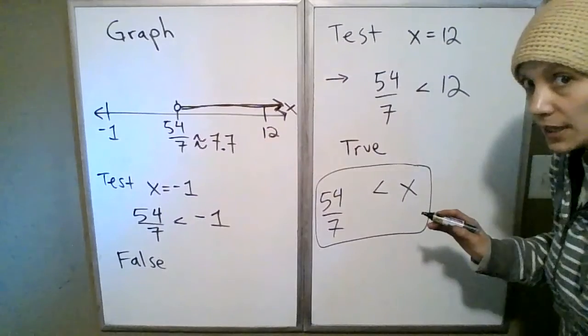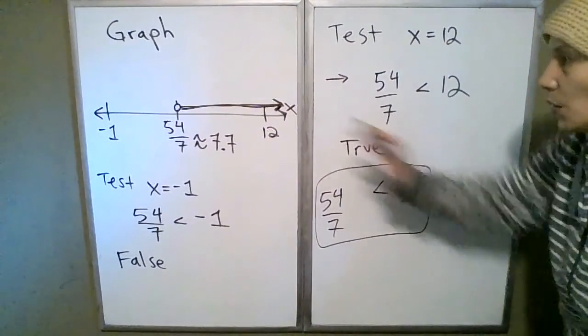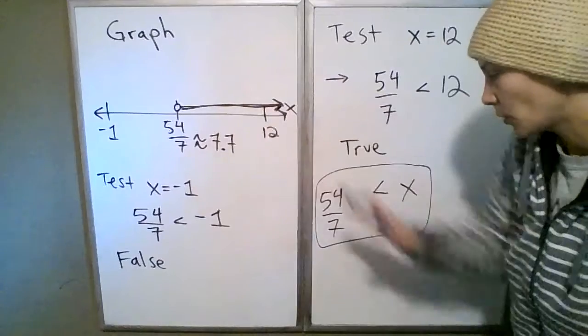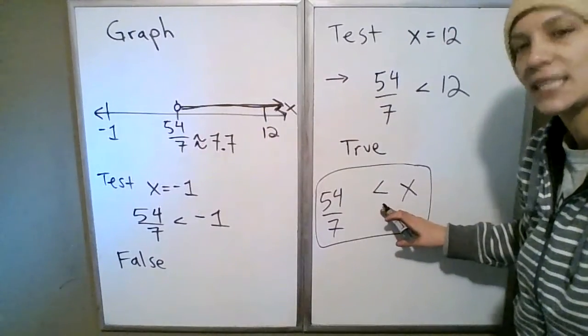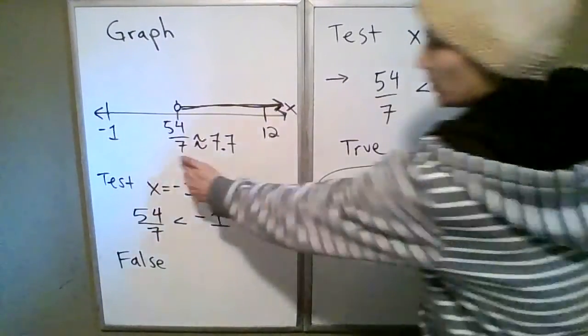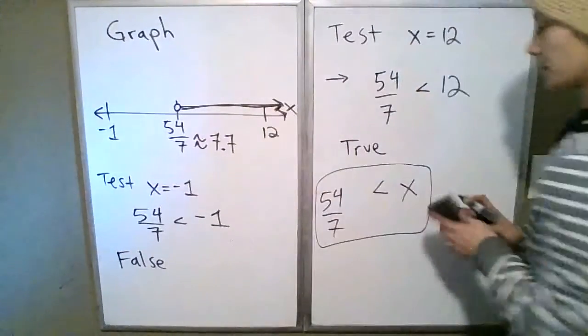Right, last part is to write that shaded section, or write this here as a set. The set starts from the smaller number, which is this one, 54/7.